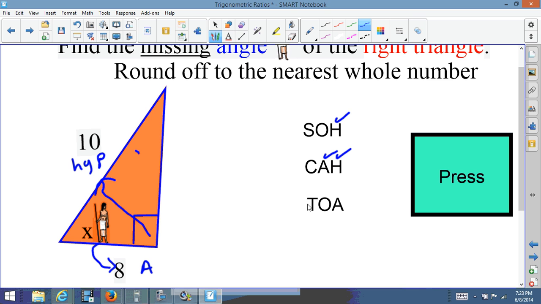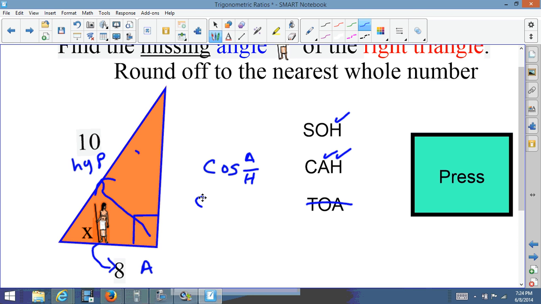I noticed tangent did not have a hypotenuse, so I'm going to cross that out automatically and not use tangent. So I know it's going to be either sine or cosine. Since I'm using adjacent and hypotenuse, it's got to be cosine. So I'm going to have cosine of adjacent over hypotenuse.